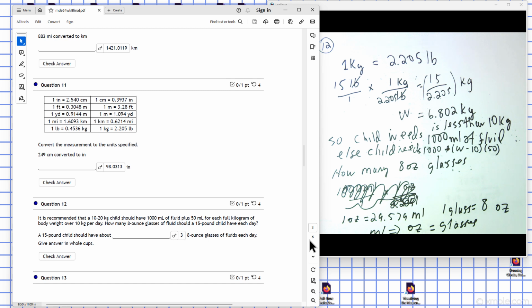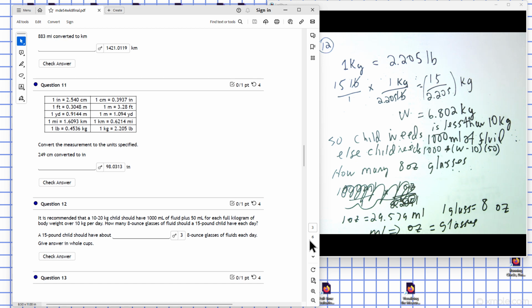And number 12, it is recommended that a 10 to 20 pound child should have 1,000 mils of fluid plus 50 mils for each kilogram of body weight over 10 kilograms per day.